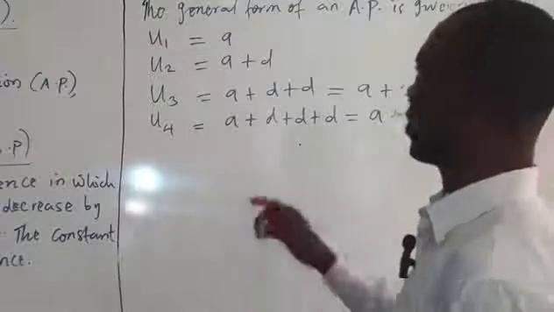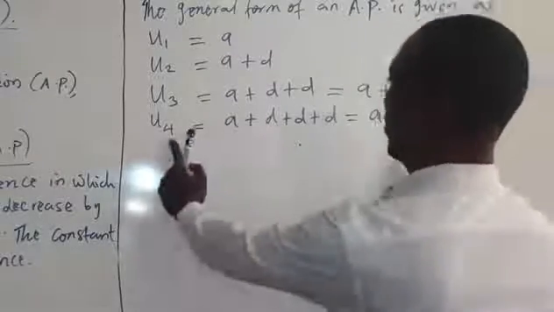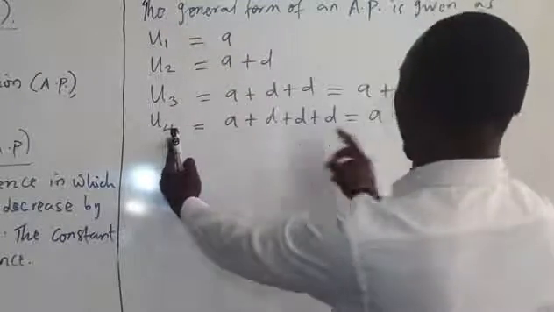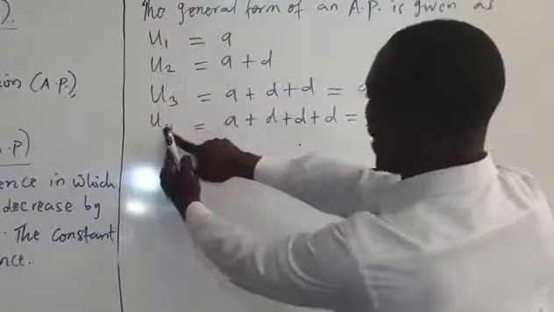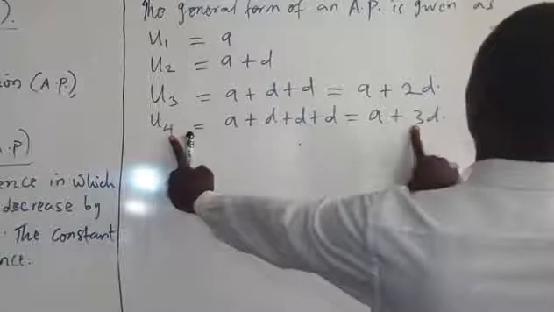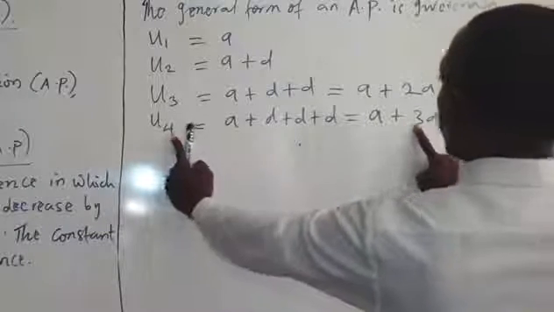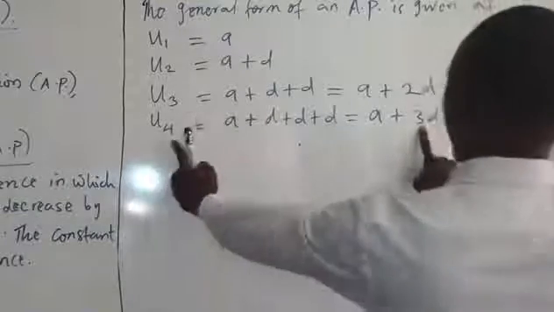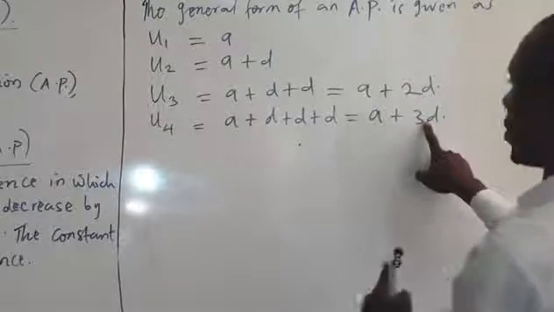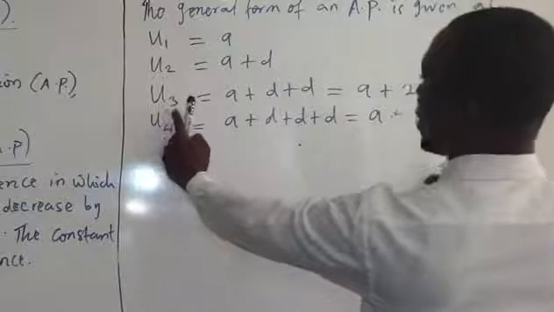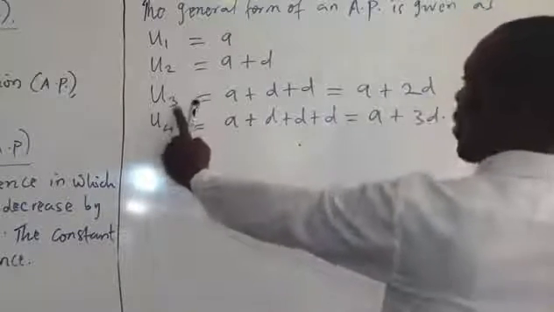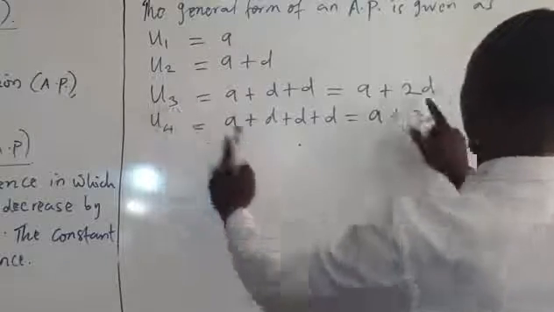To do that, we are going to consider the numbers given here. They are the set of natural numbers, and you compare the number under U with the number under D. As we have 4 under U, we are going to subtract 1 from that 4 to give us the coefficient of D. So go to the third term. As we have U3, we are going to have 2D, which means we subtract 1 from 3 to give us 2D.